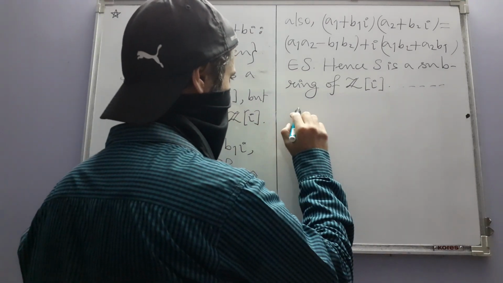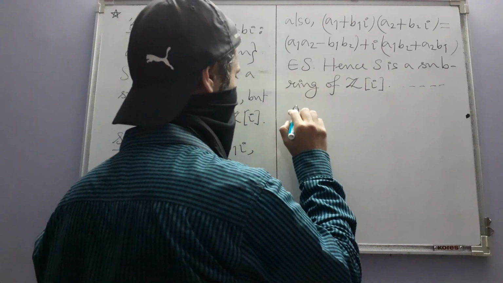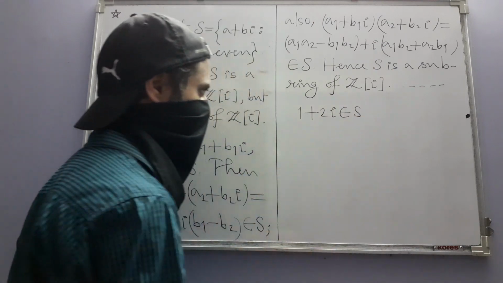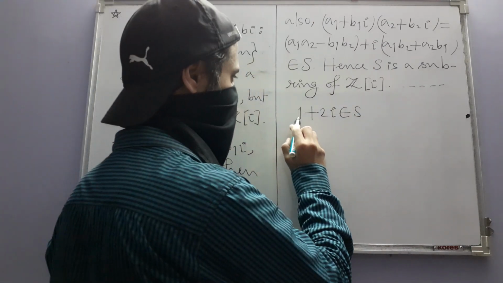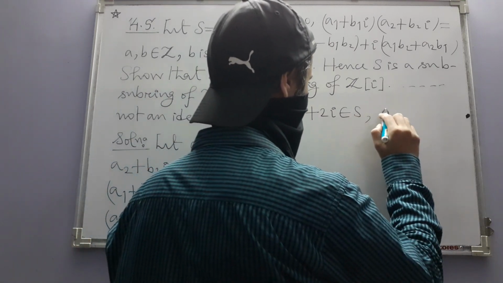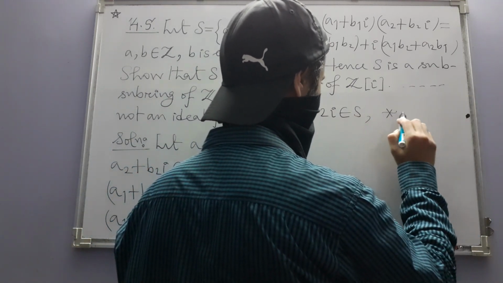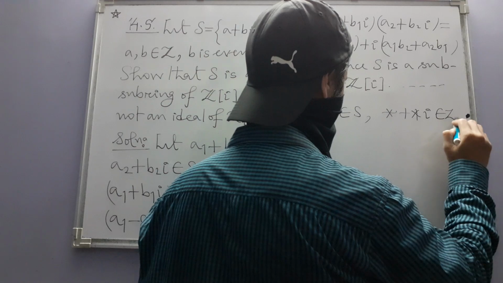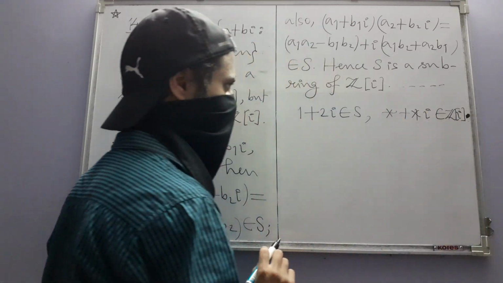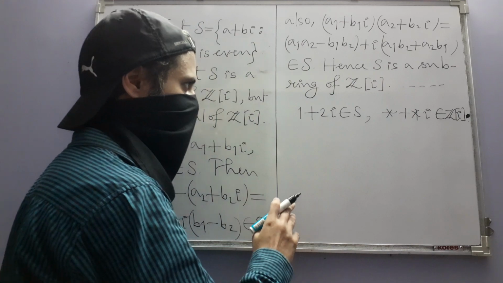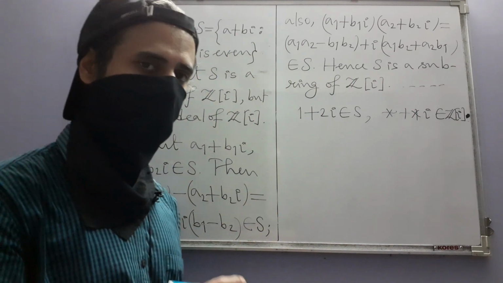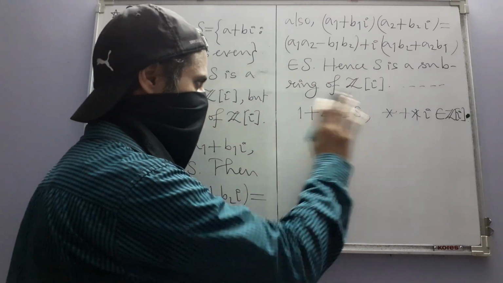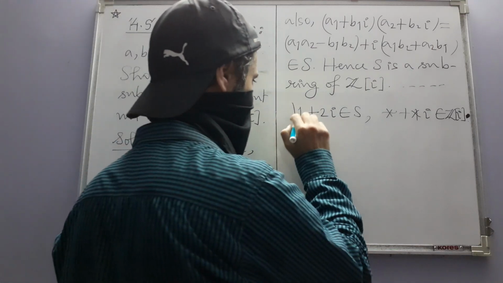You consider some concrete complex number, say 1 plus 2i in S, and then, I'm not saying that this would work, you also take some such concrete complex number in the ring of Gaussian integers, so that their product is a complex number whose imaginary part, of course it will be an integer, but it's an odd integer, so that the product will not belong to S. So this part I am leaving to you.